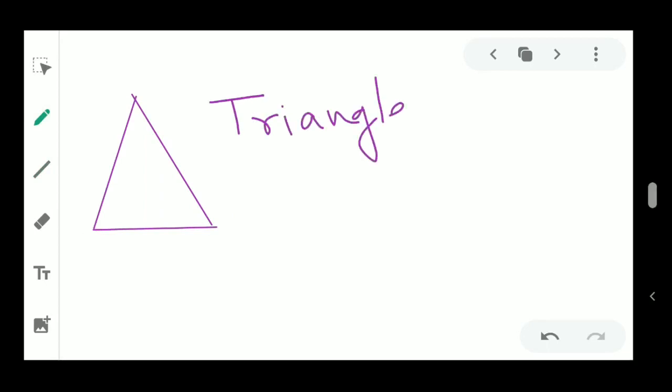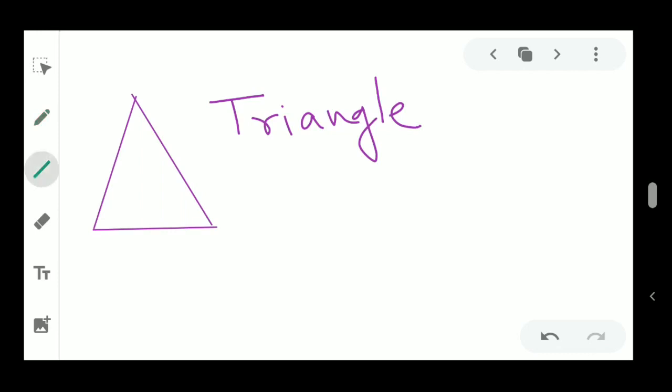With two lines I cannot make that many shapes. I can make something like this, but with three lines I can make something like this, which is called a triangle. Why triangle? Because three sides are there. So triangles have three sides, right?